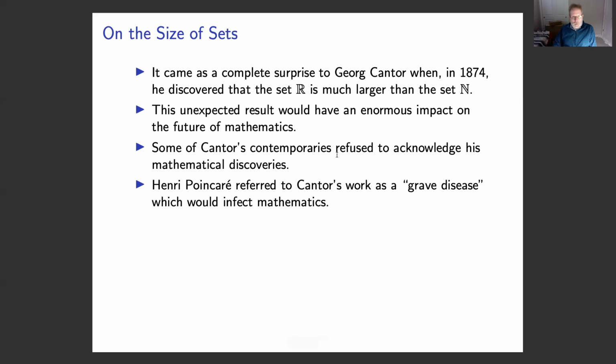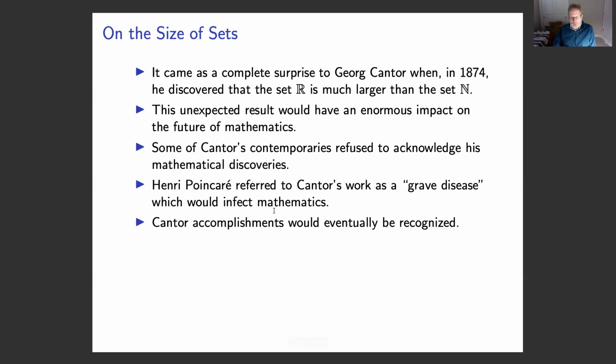For example, Poincare, a famous French mathematician, referred to Cantor's work as a grave disease which would infect mathematics, kind of like the COVID virus is going to infect mankind, right? It turns out Cantor's work did infect mathematics, but it had an evolutionary advance effect. It made mathematics richer and more interesting.